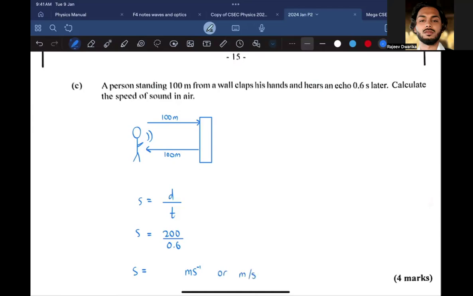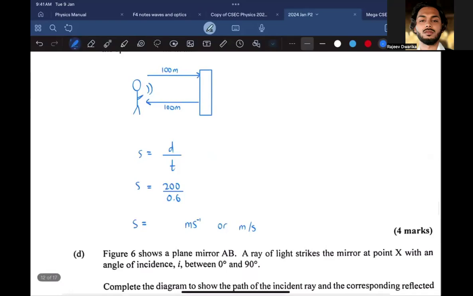So what is 200 over 0.6? 333.3 meters per second.